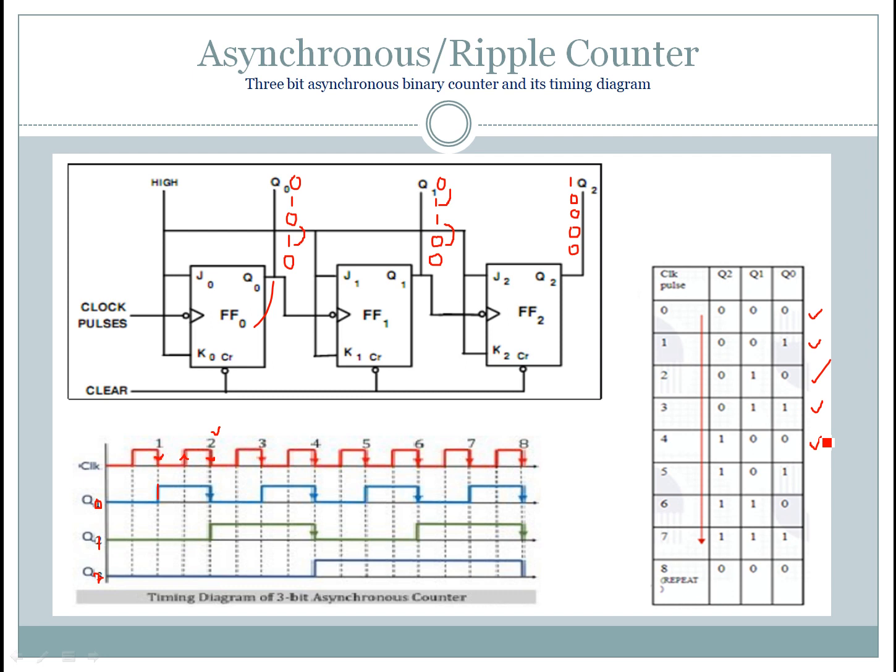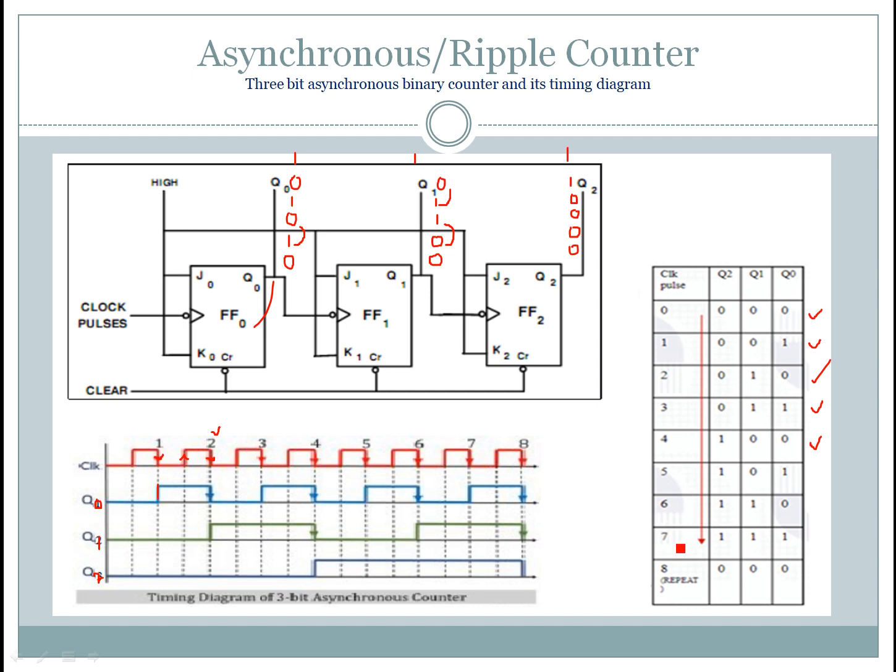So like this it changes its state every time depending on the negative edge of the clock pulse. So once it reaches the maximum count, that is 1 1 1, let's see what is the next state.